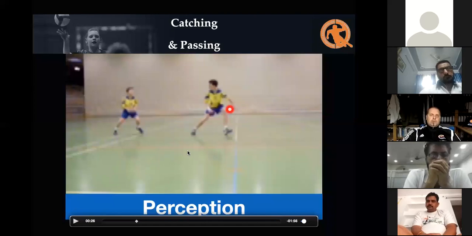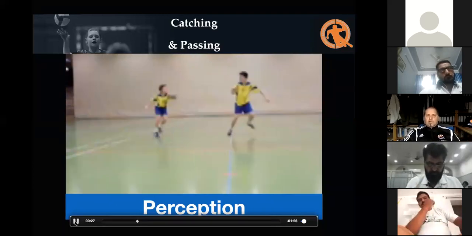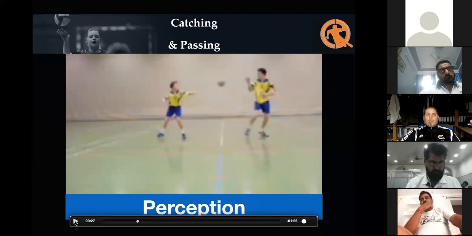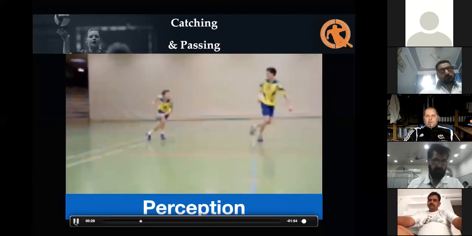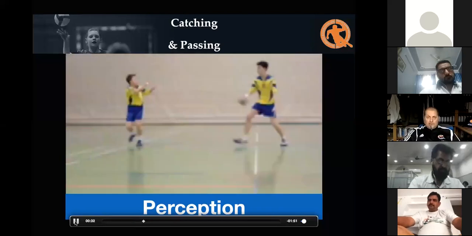So we have this move to the ball, away from the ball. So this is a good combination of our third aspect. What are they doing after the ball is away? Immediately move to the other side. So from the movement of the players, this is very nice.